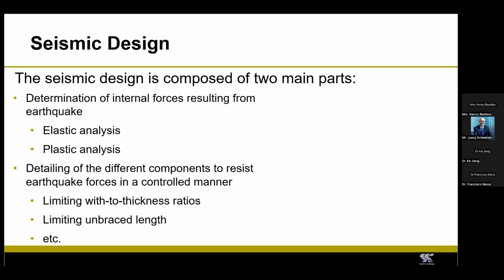The seismic design of a structure is based on two main parts. The first part consists of determining the internal forces in the different structural components that result from the earthquake. And the second part consists of the detailing of the structural components to ensure that they behave as intended.